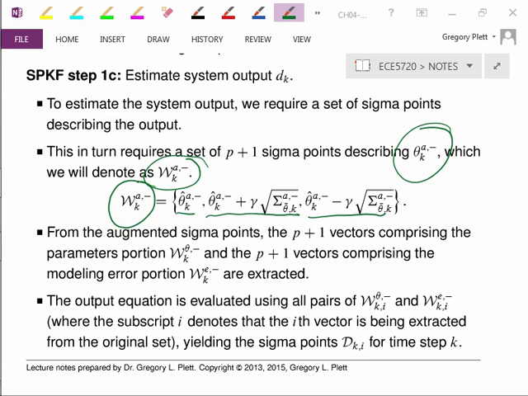Then we take each one of those resulting sigma points W, and we break it into the parameter part and the modeling error part, and we propagate these parts through the output equation, and we compute then different outputs, different sigma points, d_k,i, for time step k.